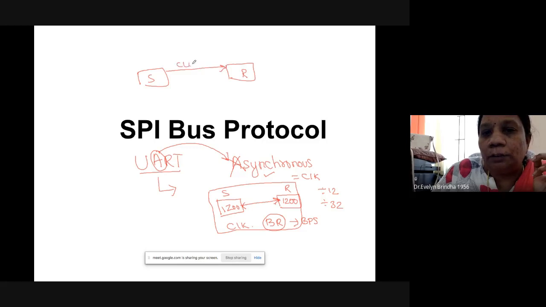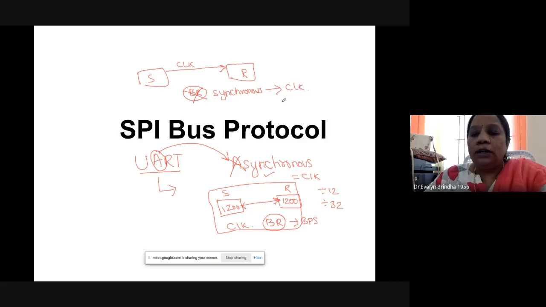The sender will be controlling the clock pulse, and whatever is the clock speed, the same speed the data will be sent and received. So baud rate setting is not necessary when you go for a synchronous way of communication, because synchronous is linked with the clock.